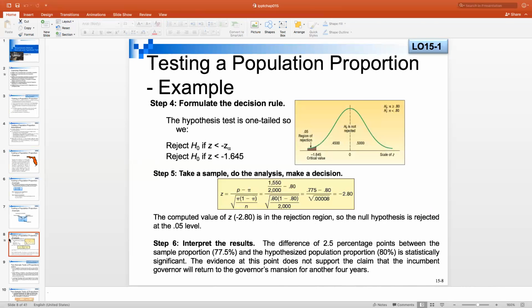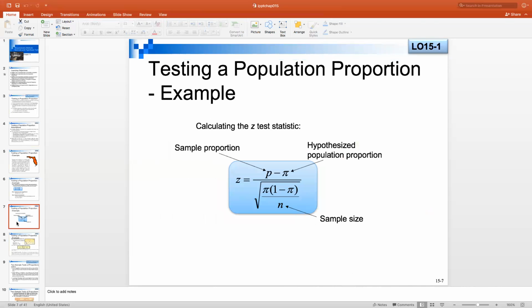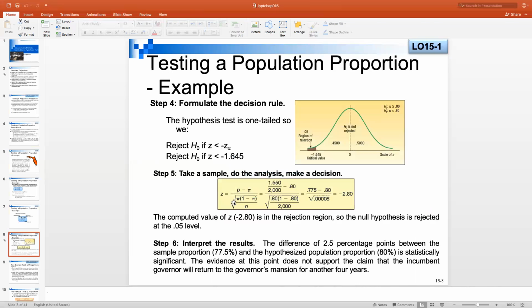And so the question is this P, right? This percentage, what do we call it? This sample proportion, is that significant? Is that significantly different than 0.8? Okay. That's really what we're doing now. We're asking if this P is significantly different than 0.8. Because if it is, then that's not a good thing, because it's not close enough to 0.8. Okay.